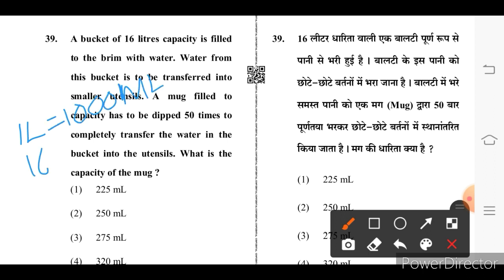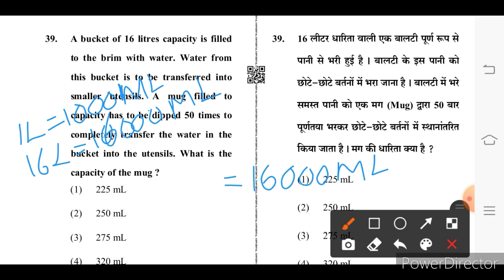So 16 liters is equal to 16,000 milliliters. So volume of bucket is equal to 16,000 milliliters, and volume of this mug we don't know, so we assume it as X.